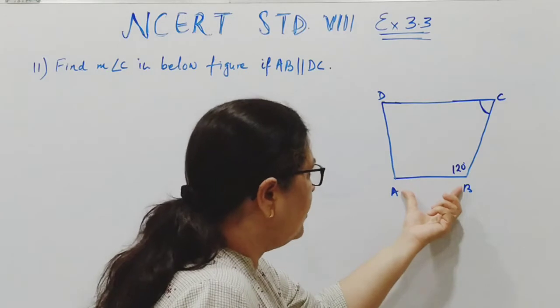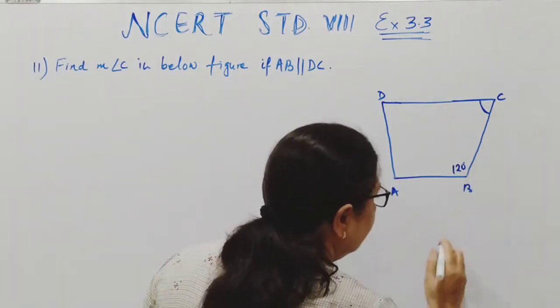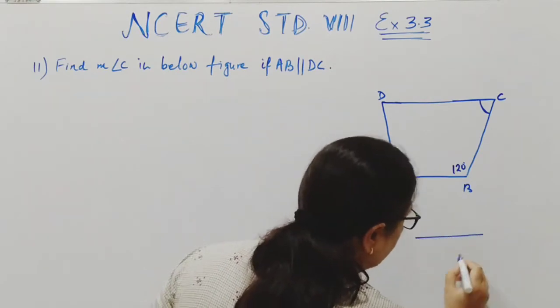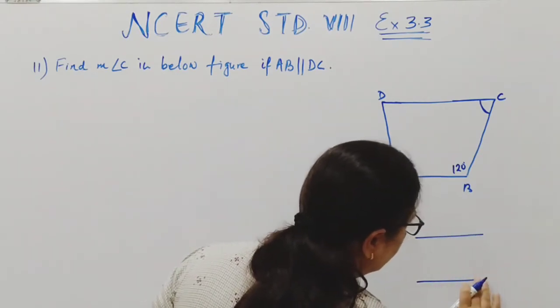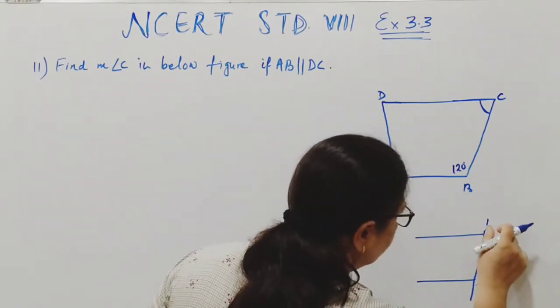Now, since AB is parallel to DC and this BC is the transversal, we'll extend a little.